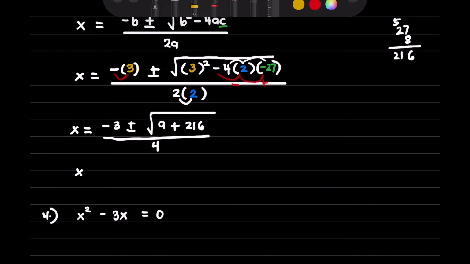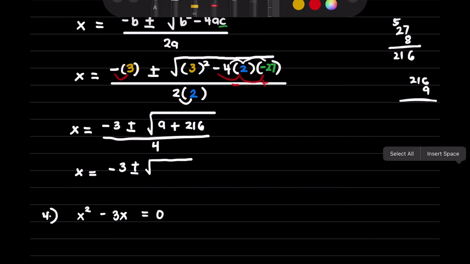So, next, proceed tayo. X equals negative 3 plus minus. I-work out natin yung nasa loob ng parenthesis. So, 216 plus 9. So, 216 plus 9 lang natin yan. So, we have, add mo, that's 5, 15. So, we have 225. All over 4.